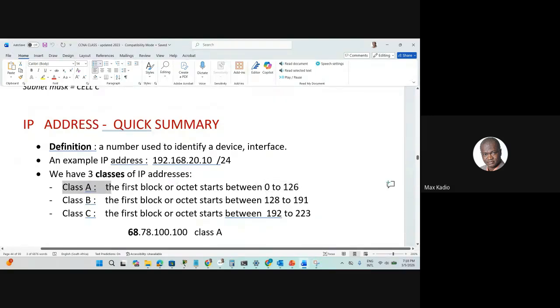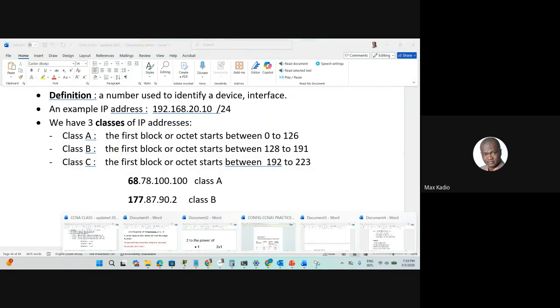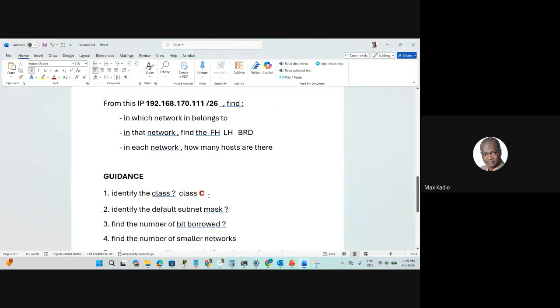If it's a class A, it is this range. For class C, this is the range. If the first block is, for example, 68, it falls here, so it's a class A. This one, 199, falls in this range, so it's a class C. So it's very important for you guys to know these ranges.